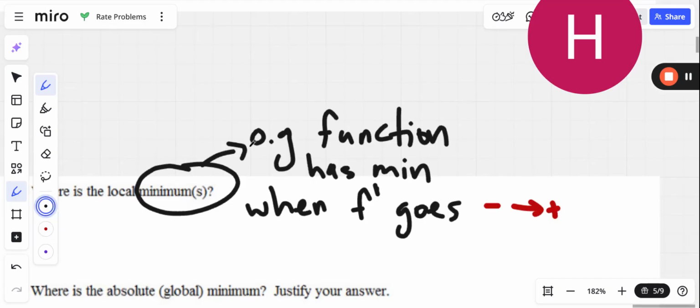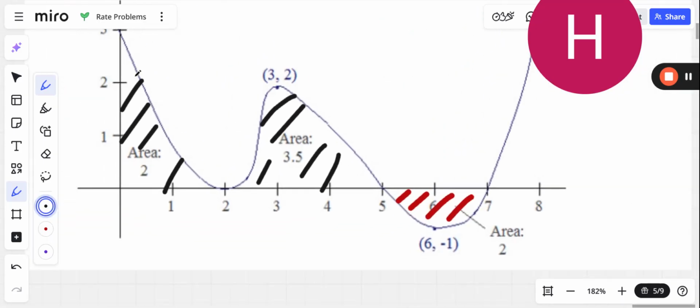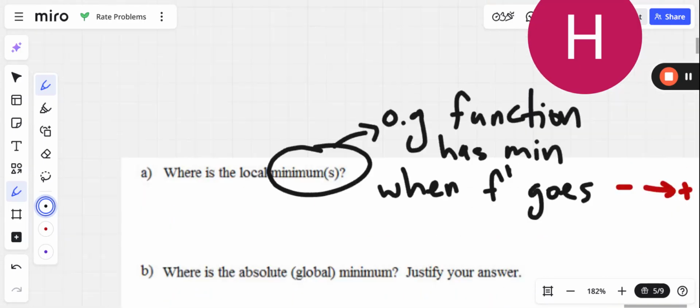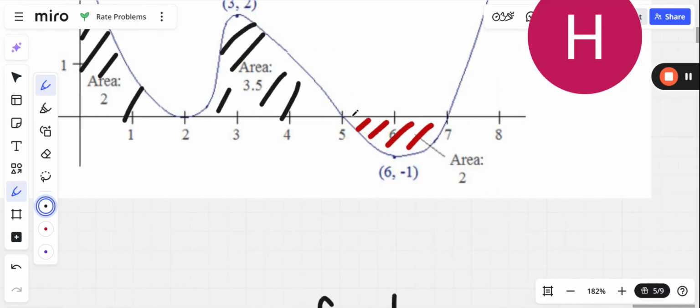So let's just look at the locations when this graph goes negative to positive. It's positive, positive, positive, 0, positive, positive, positive, 0, negative from 5 to 7. So that's when we're going to have some kind of a minimum here, when the derivative goes negative to positive.